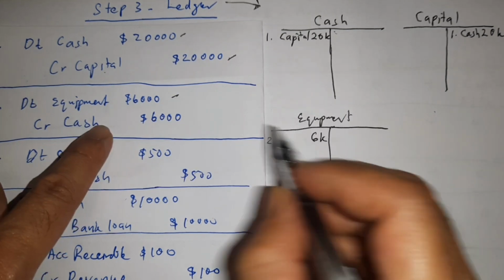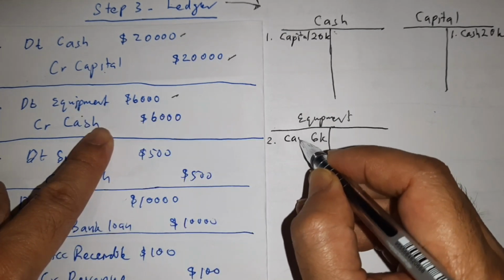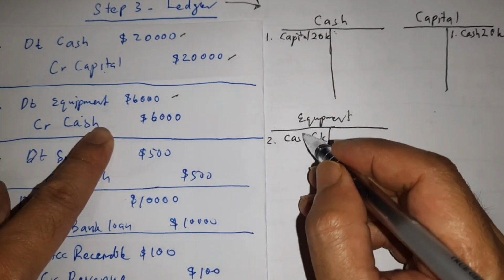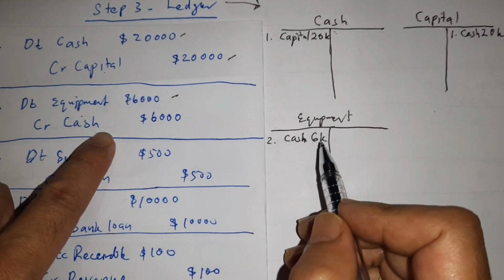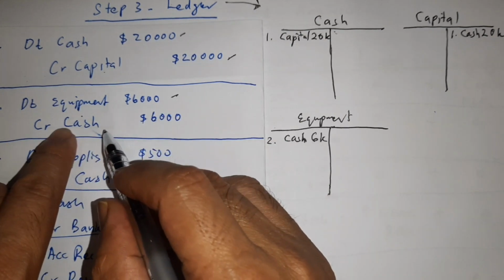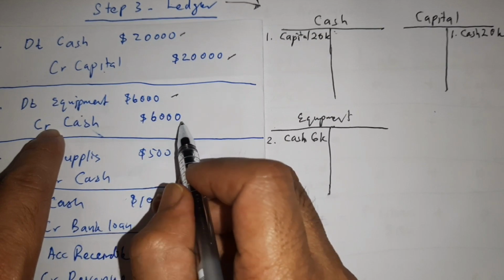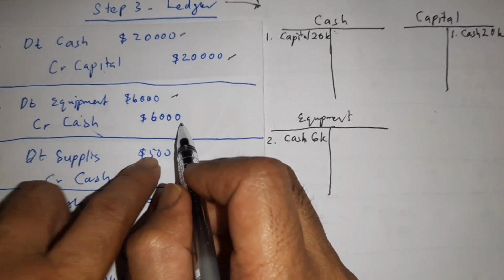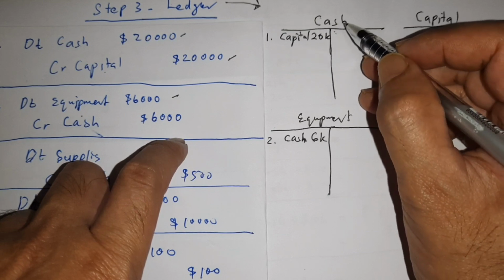Refer to which account? Refer to account cash. So you write here cash. Okay, don't ask me why. This is the way to do it. You debit account equipment, refer to account cash. And then in the journal entry, you credit account cash 6,000. You already have the account cash.